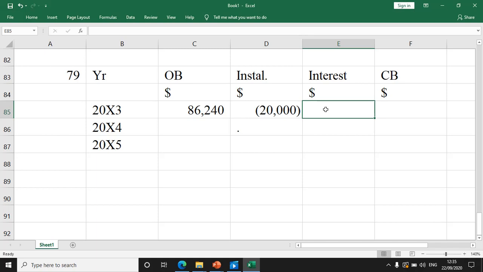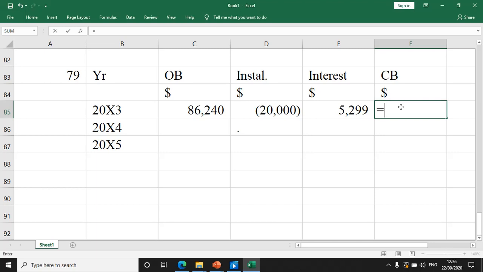Interest is to be applied on the difference, so open brackets. If we say minus, we have a problem, it's already negative. So you put that figure there, close the brackets, and then apply your rate, which in this case is going to be, if I remember well, 8%. That's the figure there that you have.